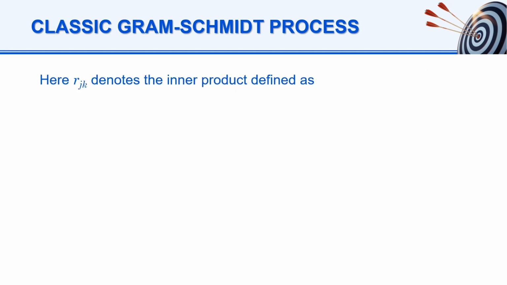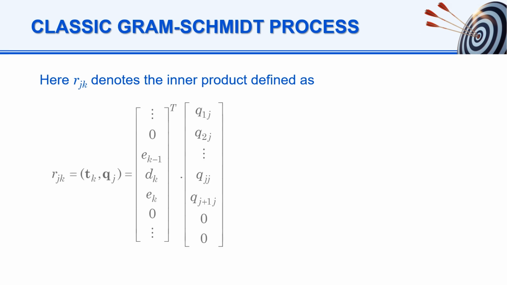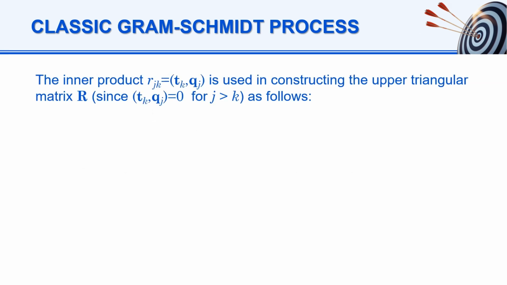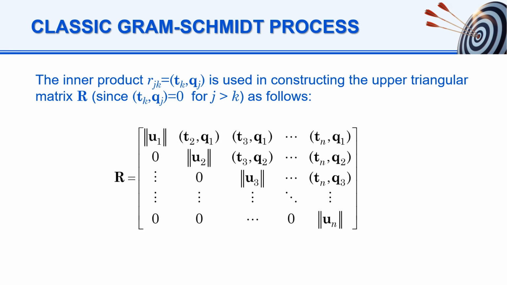Here, r_jk denotes the inner product of Tk and Qj, which is used in constructing the upper triangular matrix R as follows. The entries below the diagonal are 0 since the inner product of Tk with Qj is 0 for j greater than k.